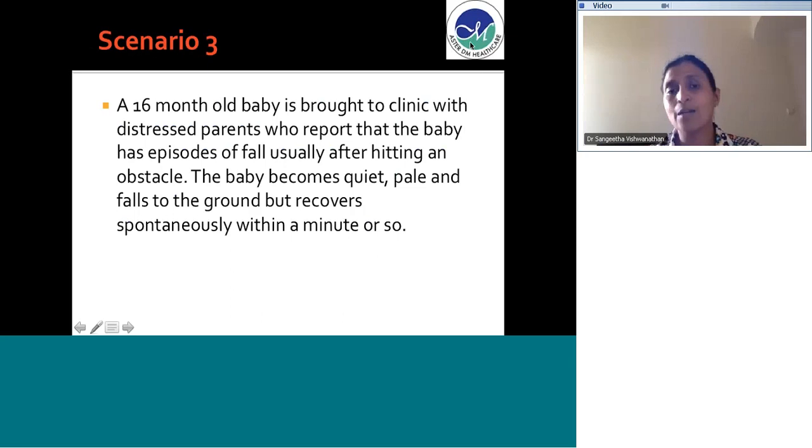Okay, so the baby has just started to walk, so it's bumping into things, becomes very quiet, pale, falls to the ground, and then it becomes unconscious, but recovers spontaneously within a minute or so. So what do you think is going on here? Is this normal, or is this something that you would be very worried about?